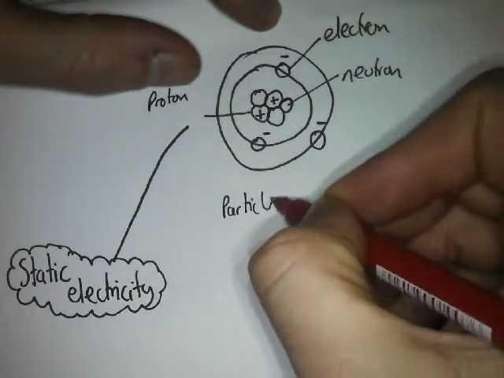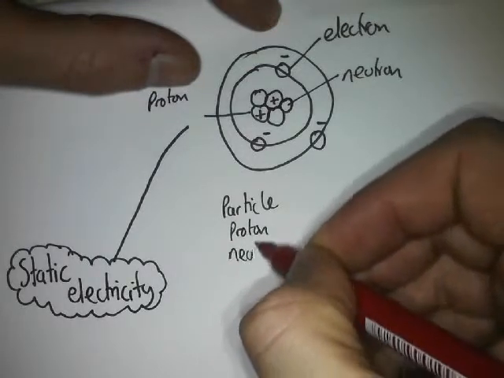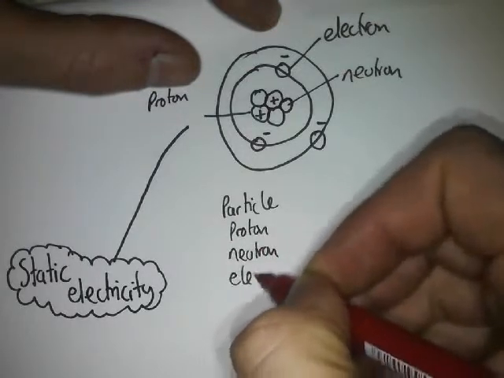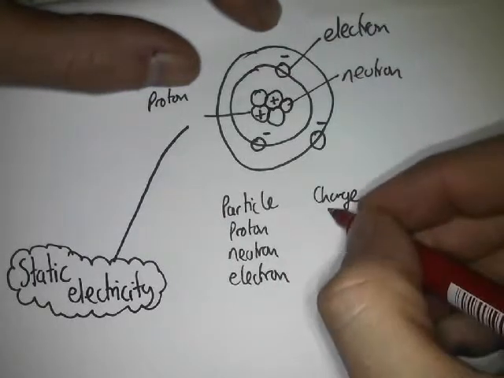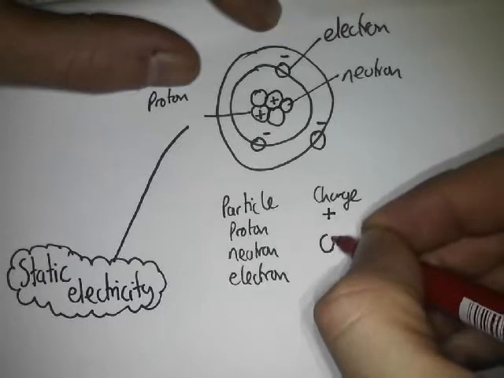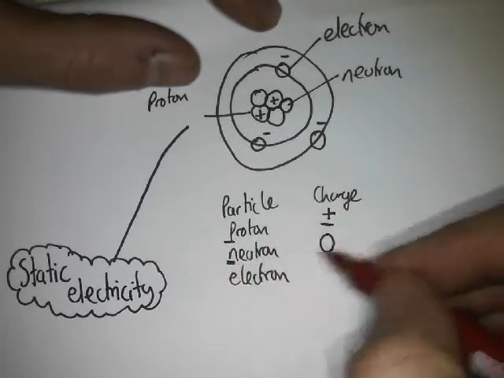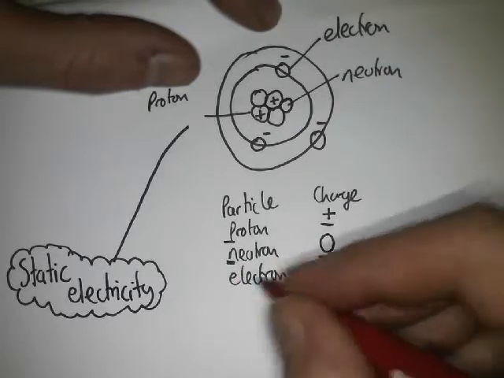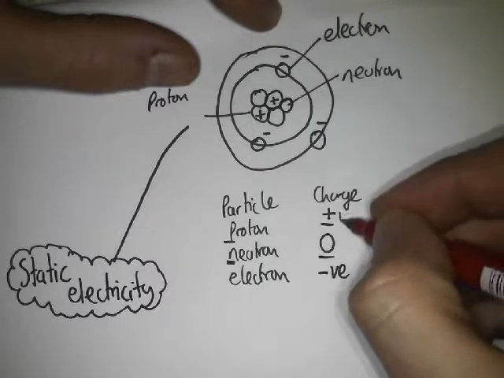And if we write particle here, we can have proton, neutron, electron. Charge, and you've got positive charge, zero charge, and the electron is a negative charge.